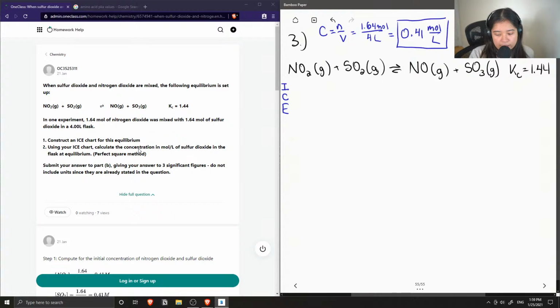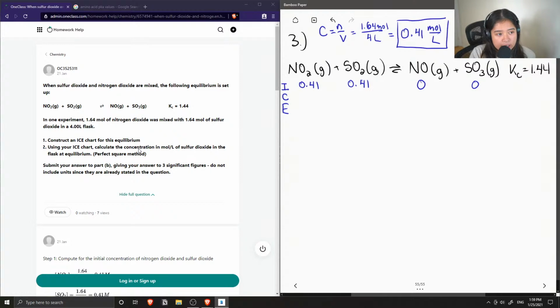We know that the initial concentration of both of these was 0.41, and the initial concentration of both of our products would just be 0, since we don't have any products at the start of our reaction.